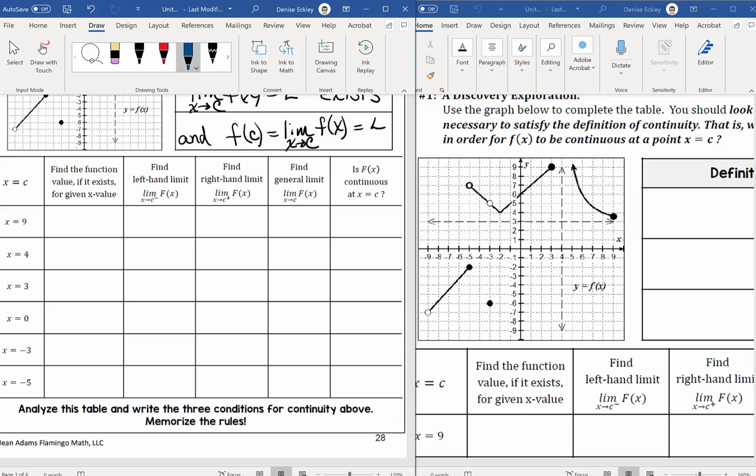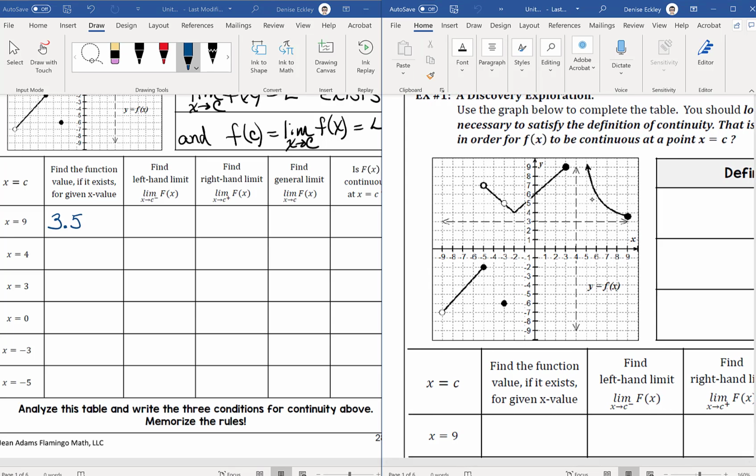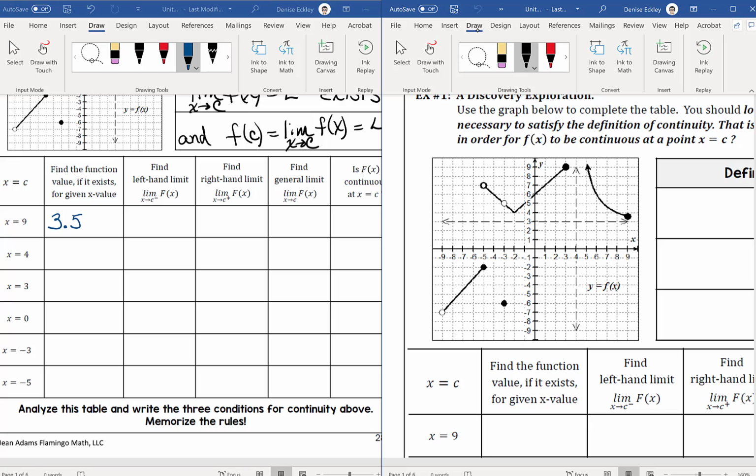All right. So for the first value, x equals 9. Let's see if the value of the function exists at 9. When we look at x equals 9, we have a dark dot here. I'm going to call that 3.5. I know the dot's a little higher, but just for simplicity, 3.5. Then we have to find the limit from the left. If we trace this curve from the left, we're going to see that we get the same value here.